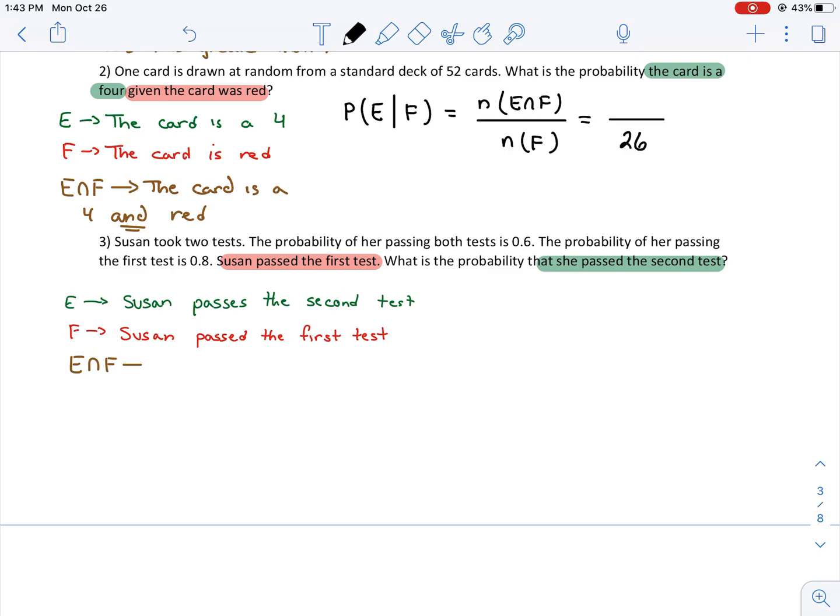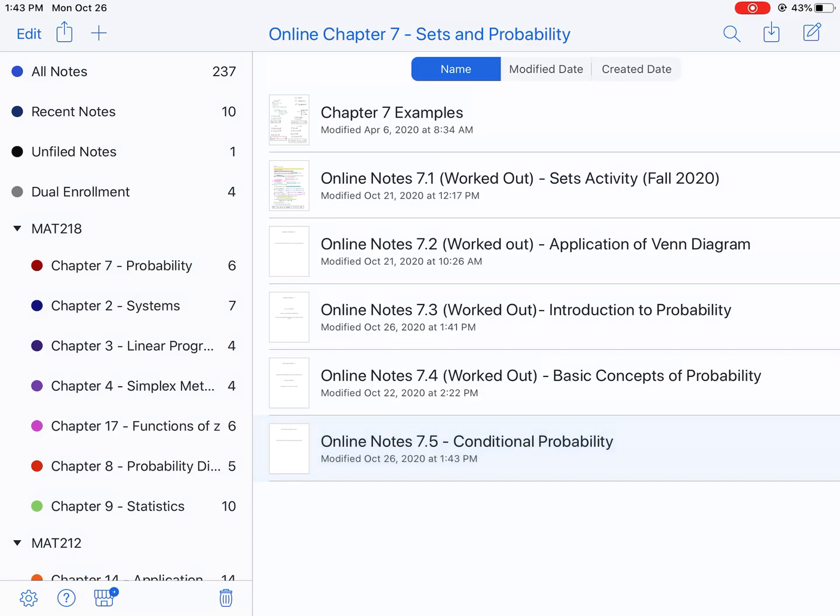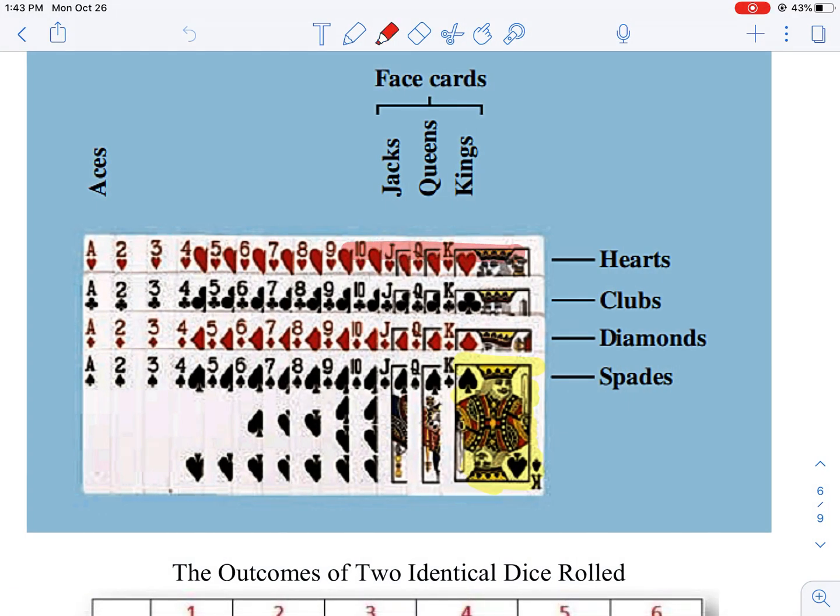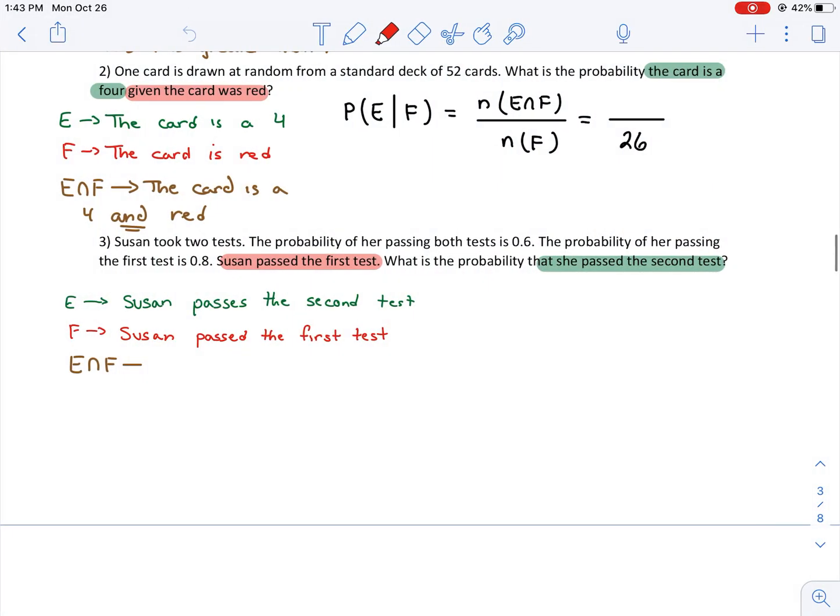So out of those 26 red cards, how many of them are 4s? Here's the first row of reds. Here is the second row of reds. And how many of them are 4s? Well, we have a 4 right here and a 4 right there. So there's 2. So the probability the card is a 4 given the card is red is 1/13.